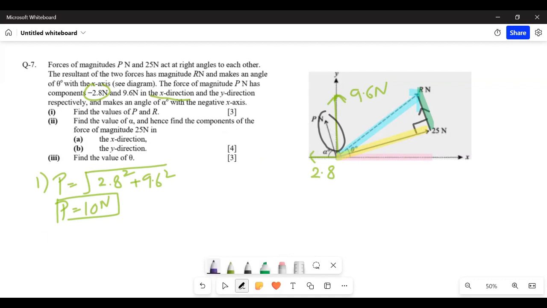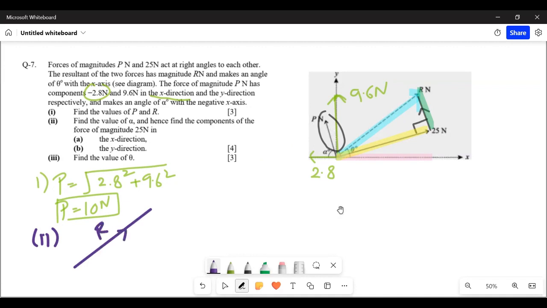So R can be found using 25 Newton as the horizontal force and P Newton, which is 10 Newton, as the vertical force. So R is going to be square root of 10 squared plus 25 squared, which is 26.9.